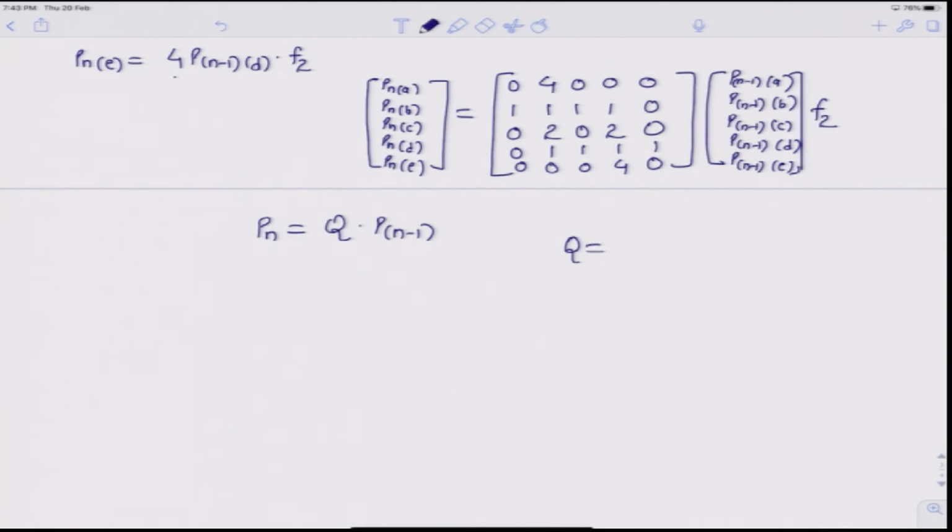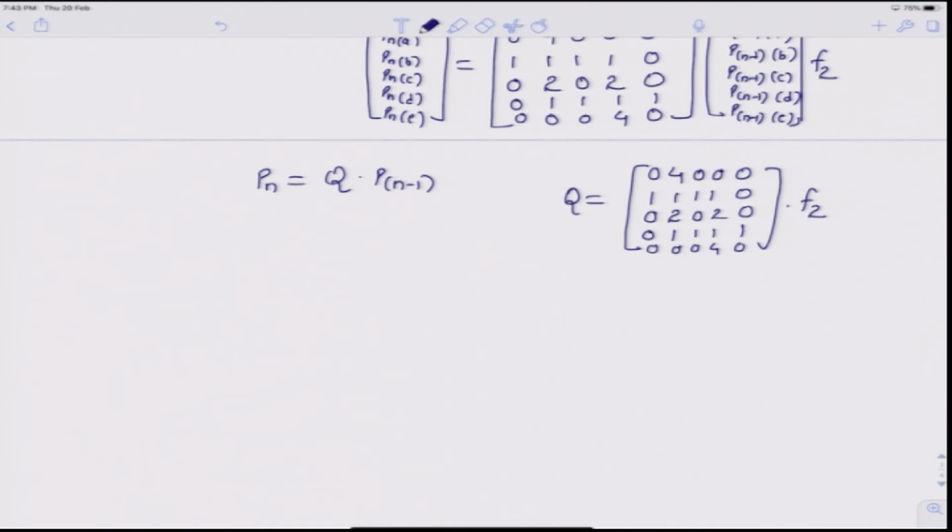So, Q here is 0, 4, 0, 0, 0, 1, 1, 1, 1, 0, 0, 2, 0, 2, 0, 0, 1, 1, 1, 1, 0, 0, 0, 4, 0 times F2. With the similar logic, we can express P n minus 1 as Q times P n minus 2. So we can write this as Q square P n minus 2.